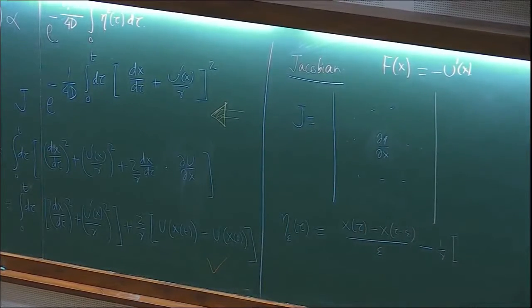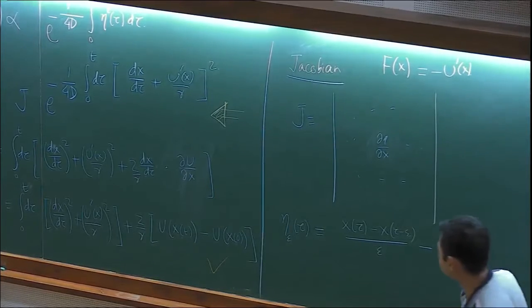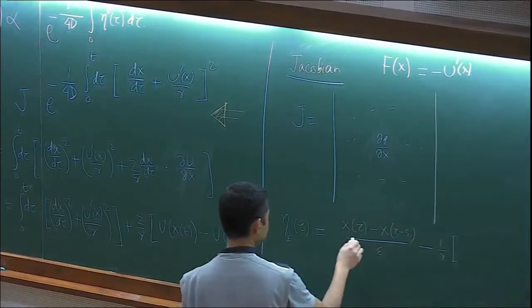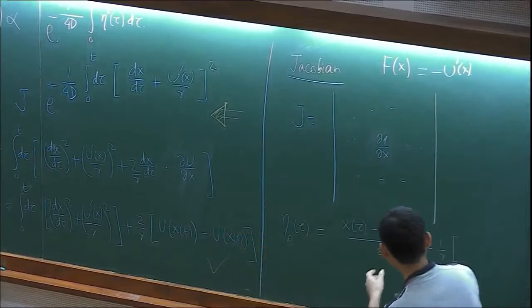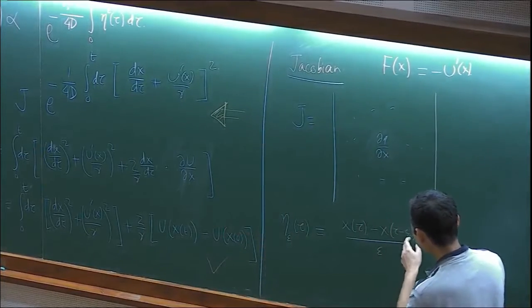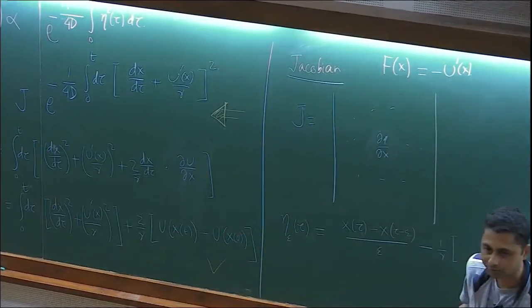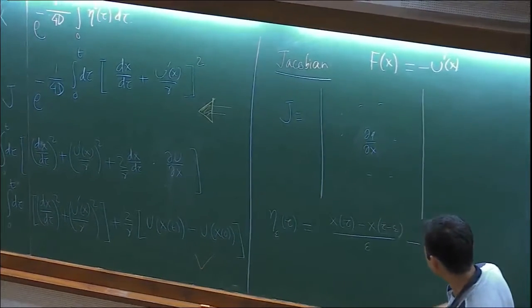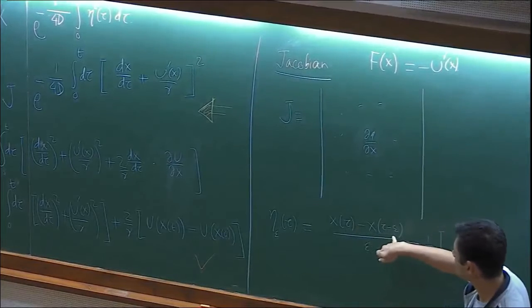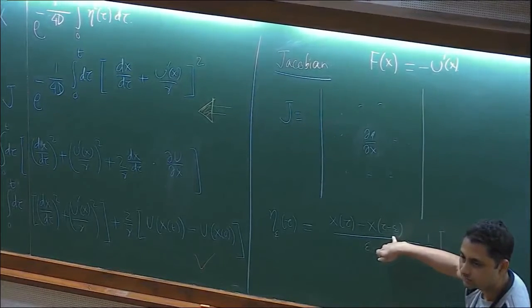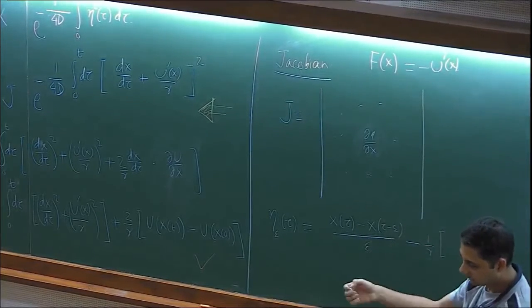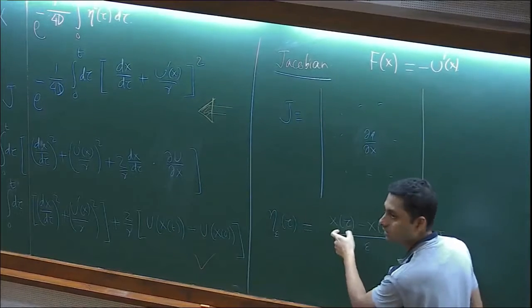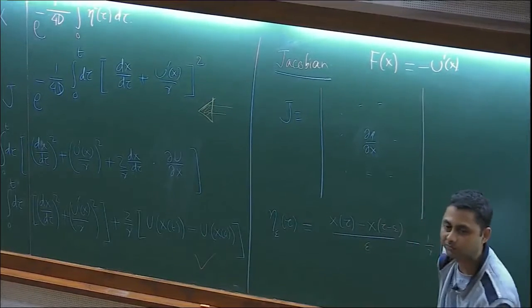Right? But which tau should I take now there? Because this is a path, this is a section of a path which is going from x at tau minus epsilon to x at tau. Okay, so one of the ways to choose this is you take the force at this point, you take the force at this point and take a half of it.